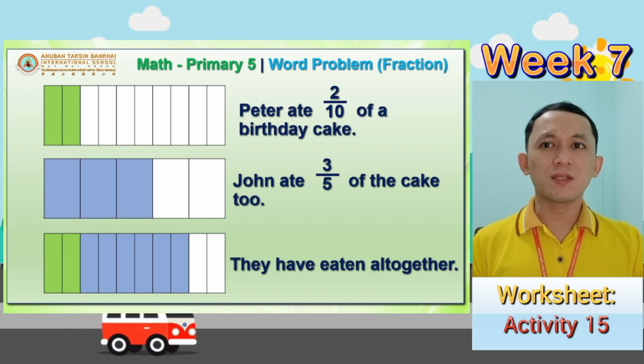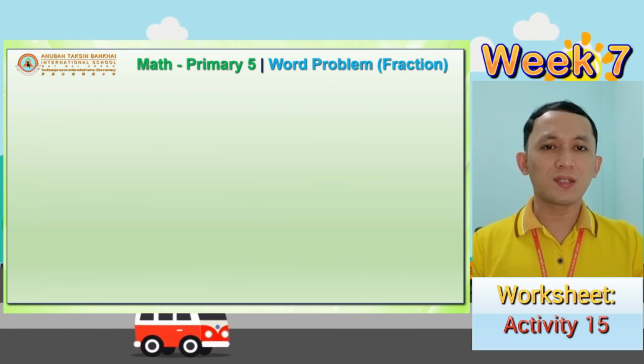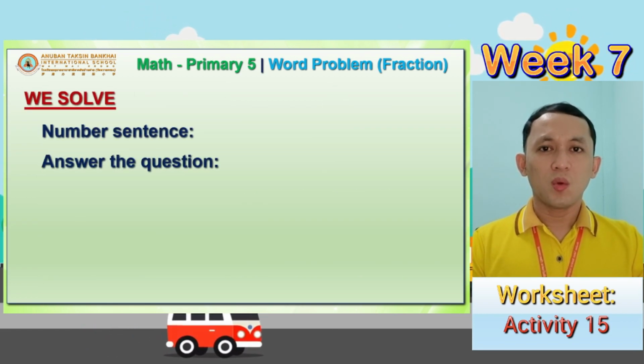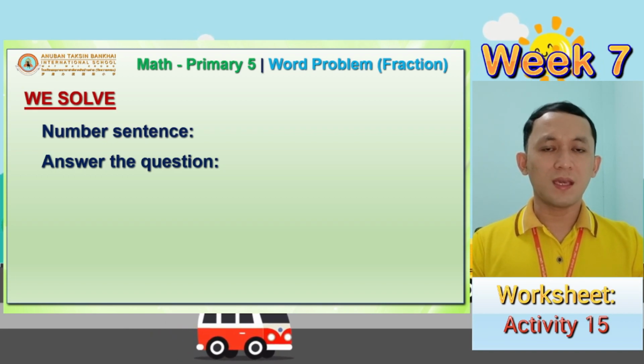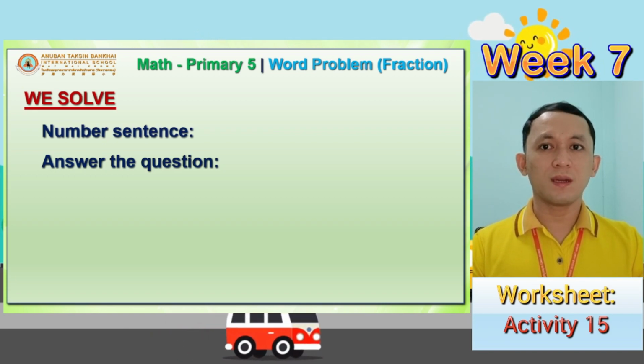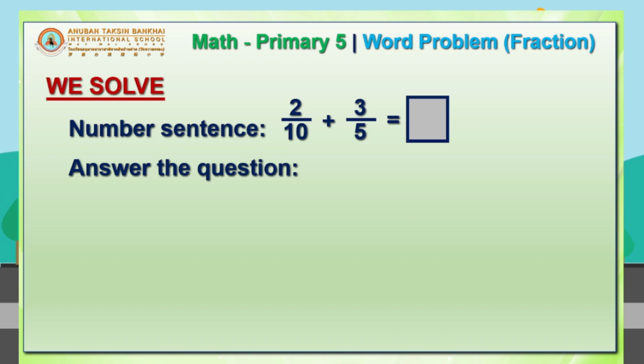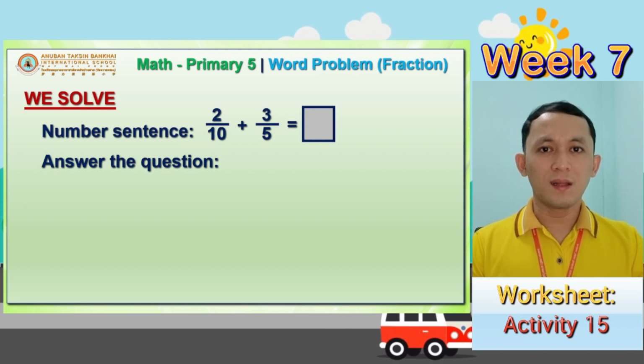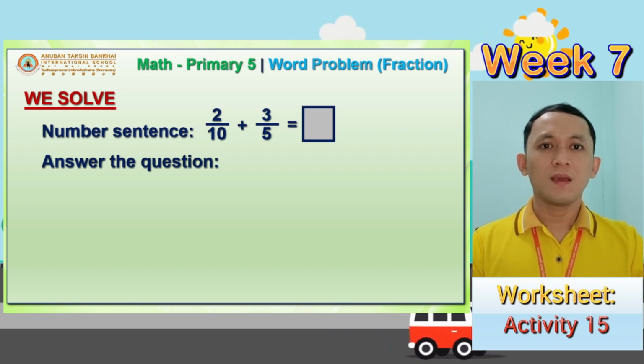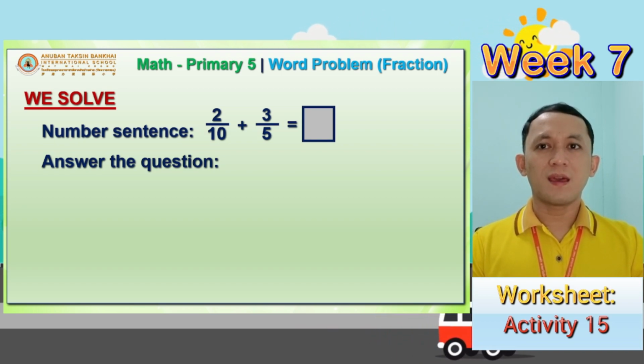Okay, so now let's go to our stage 3, which is we solve. So here we're going to write our number sentence. So our number sentence would be 2/10 plus 3/5 is equal to blank. Okay, so now let's answer the question.